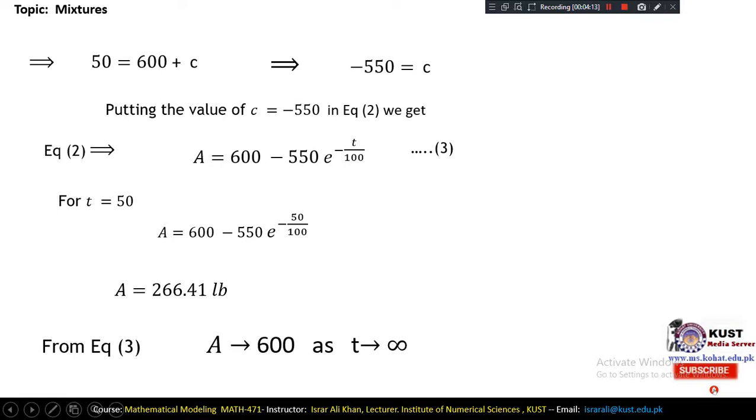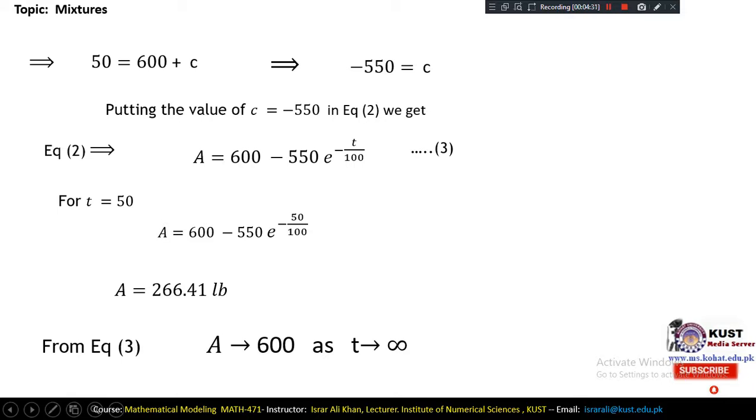If you look at equation 3, on the right side of equation 3, we can see there are 2 terms. This one with no t we call the steady state term, and this one with t we call the transient term.